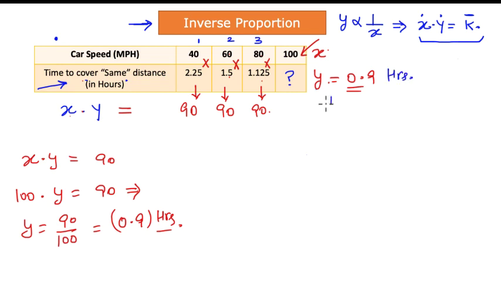To be precise, to define how much time it takes in minutes, 9/10 of an hour times 60 minutes is equal to 54 minutes.